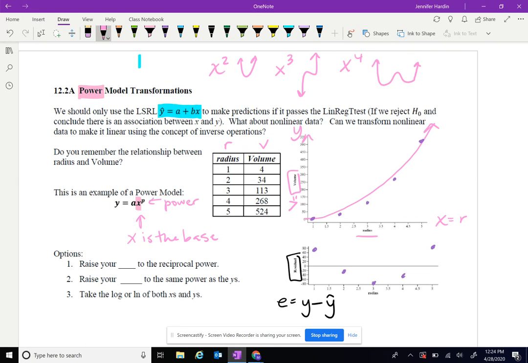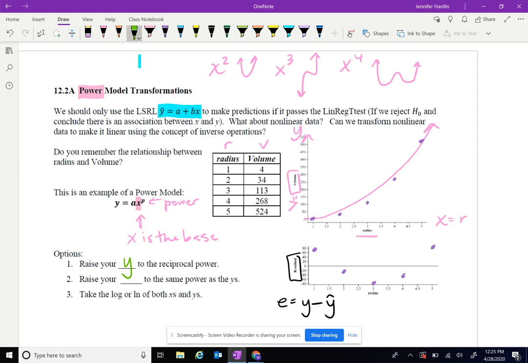That's how we define a power model. Okay? So our options to try and fix this become three different things. If you know what that power is, you can raise your y values to the reciprocal power. But you have to know the relationship in order to do that.